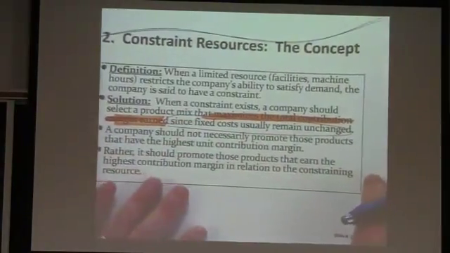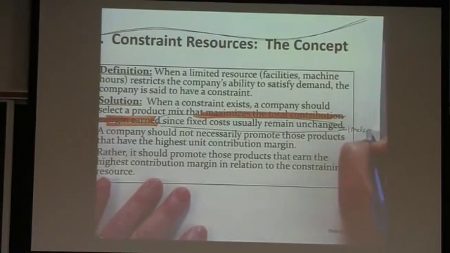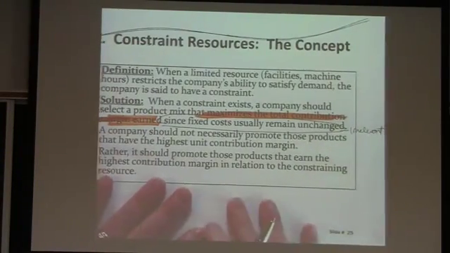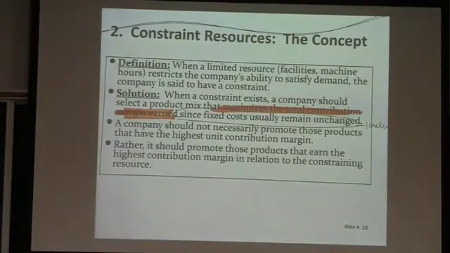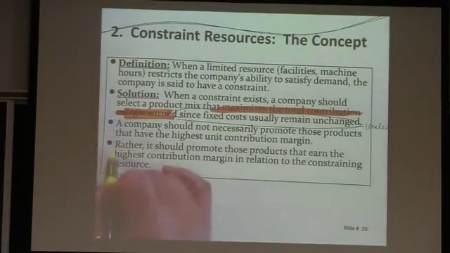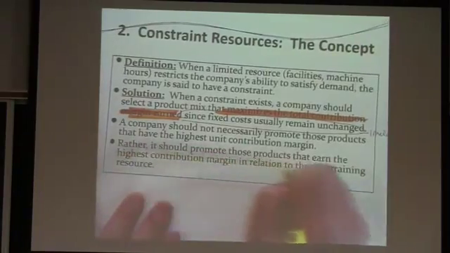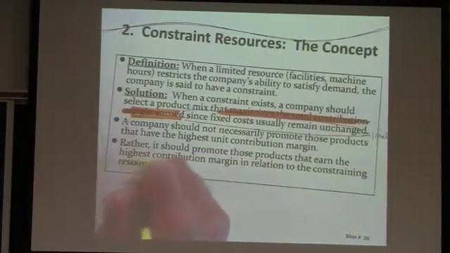So I would put that as irrelevant. Okay? Now, a company should not necessarily promote those products that have the highest contribution, but rather it should promote the product that has the highest contribution margin in relation to the constraint resource.